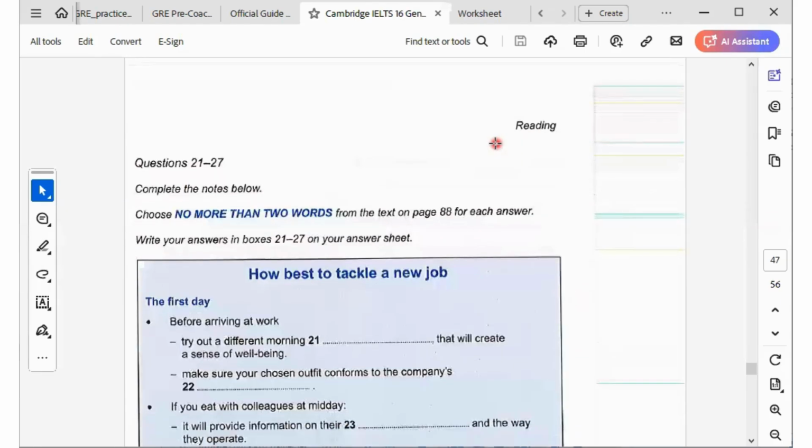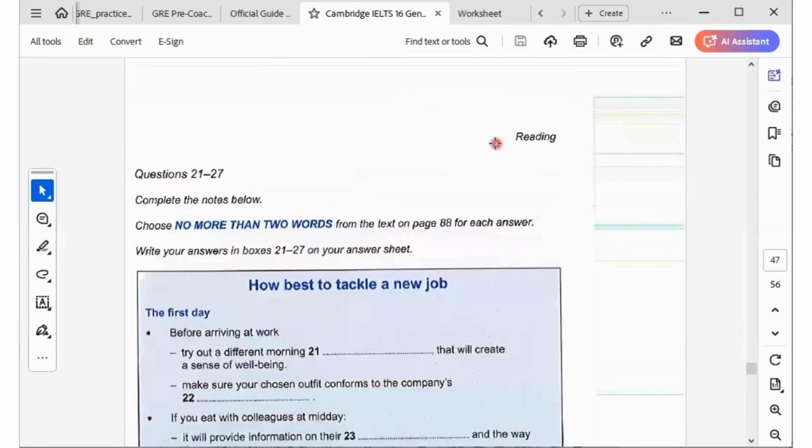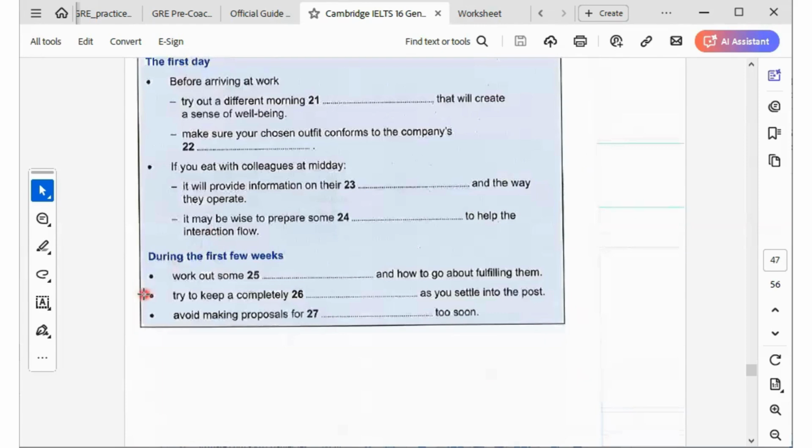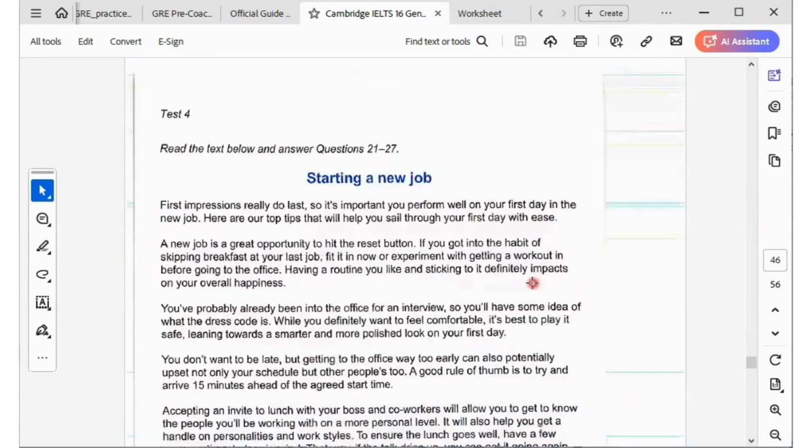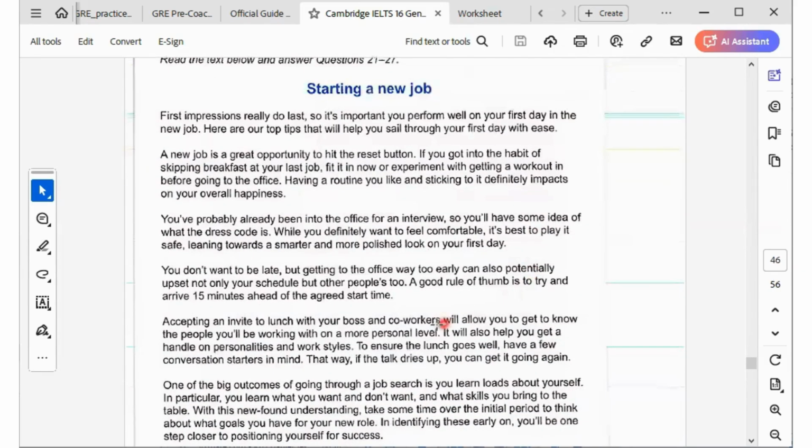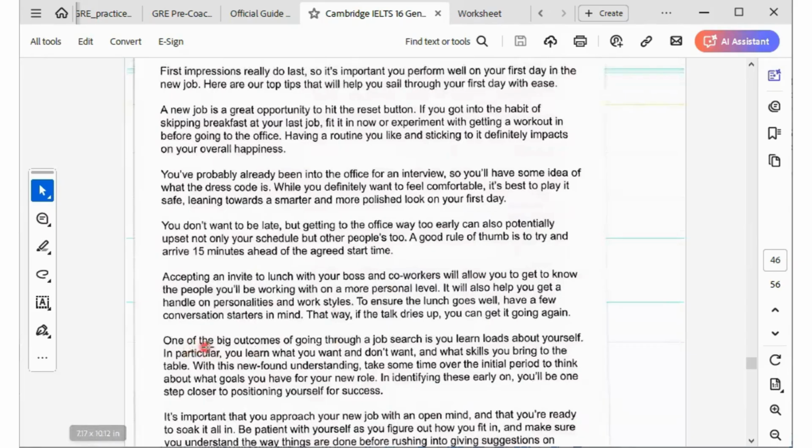Hold on. Let me go back to the question. During the first few weeks, work out some dash and how to go about fulfilling them. There's nothing like weeks here. This paragraph 4, accepting invites to lunch. There's nothing like weeks here. Okay? What of this?